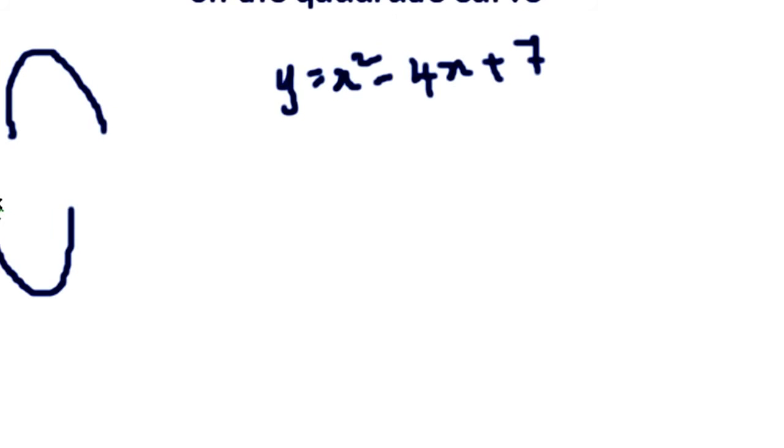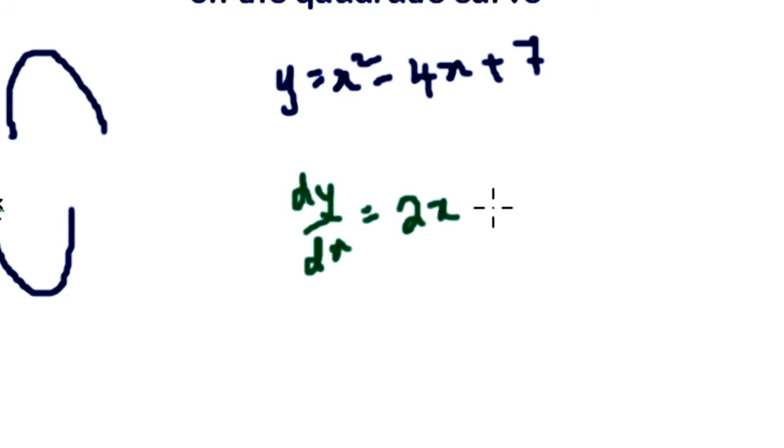What you first have to do is, of course, to differentiate the equation. X to the power of 2 is 2x minus 4. You know that along the curve, the gradient will always follow the function of 2x minus 4.